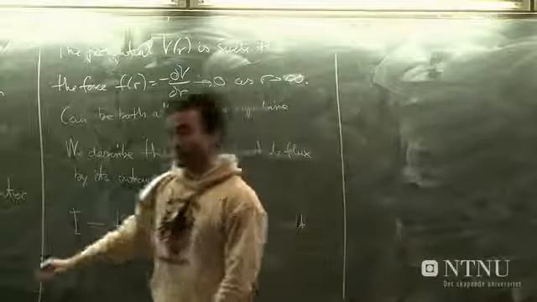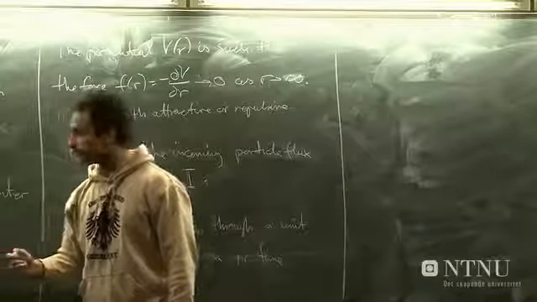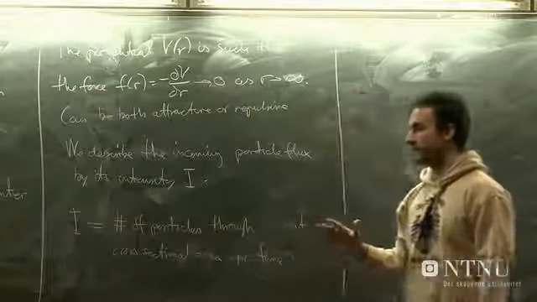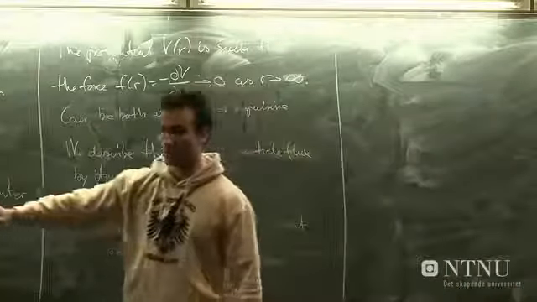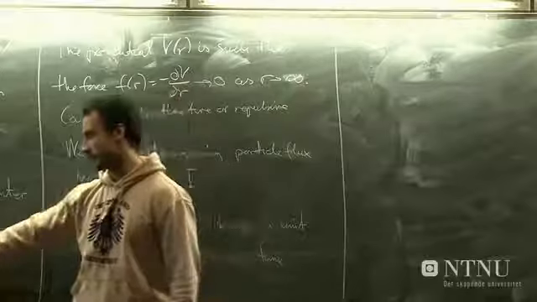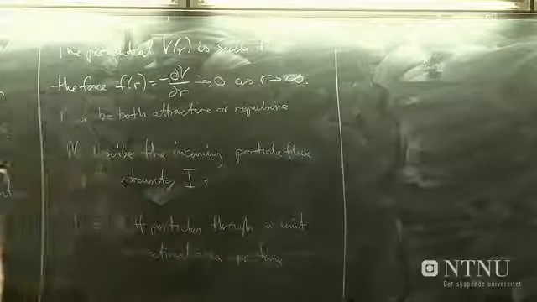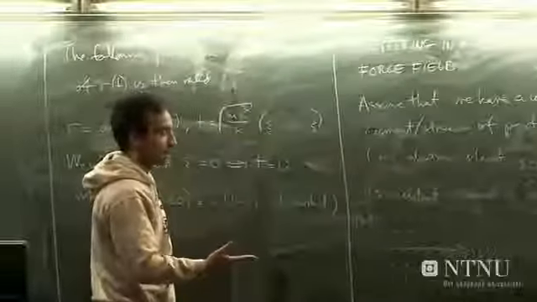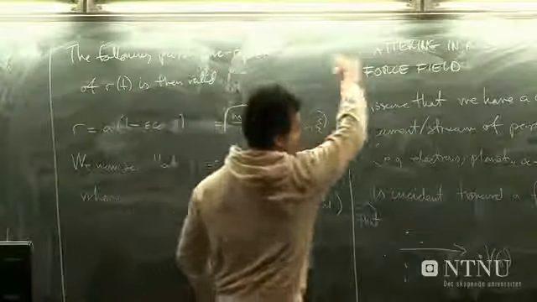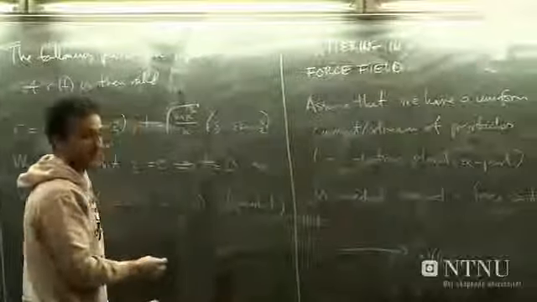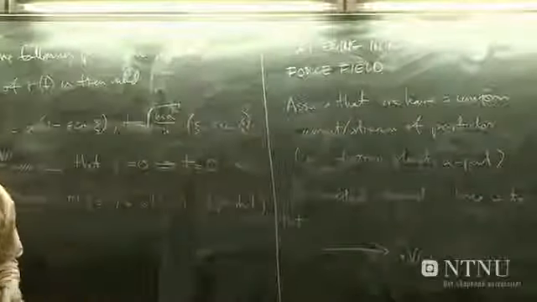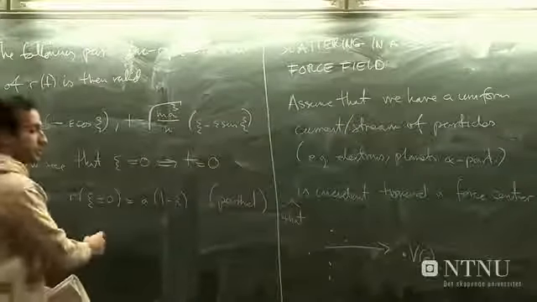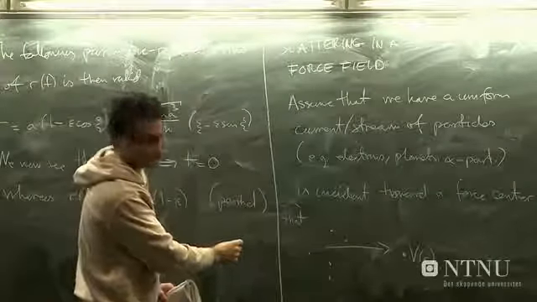Since we haven't specified whether the potential is attractive or repulsive, we can, in general, envision two different scenarios for how the particles will move when subjected to this potential energy. So basically, we have said that the force acting on the particles at r equals infinity, so in some circle here, should be 0. So the particles are incident here, experience no force, and hence should just be moving rectilinearly.